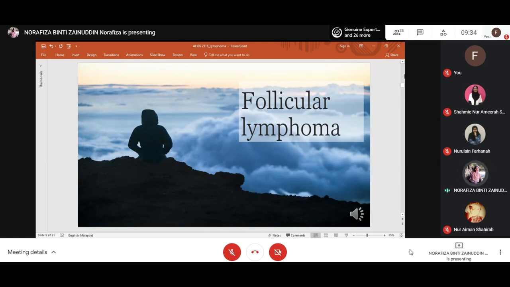So 45% of follicular lymphoma affects adults in the US and also Western Europe. It is named follicular because it has a nodular pattern of growth, with or without diffuse areas, and this form of lymphoma is always a disease of adults, very rare in children.